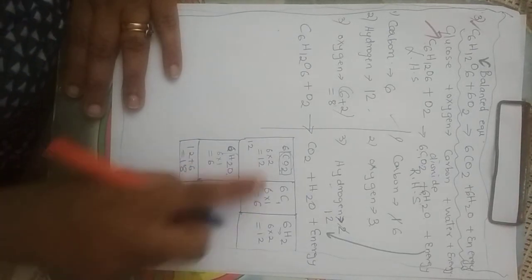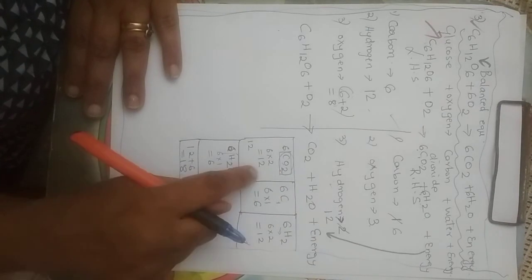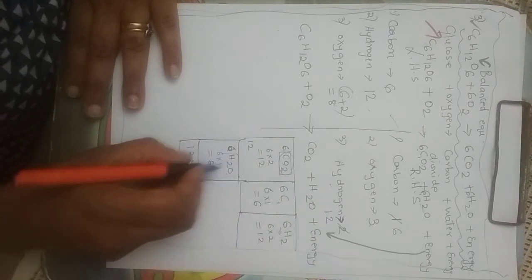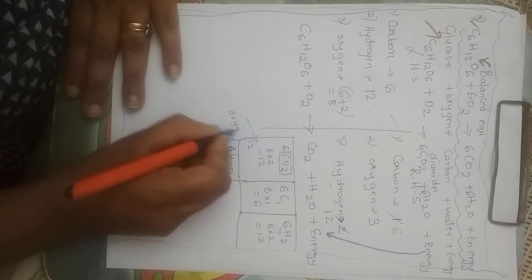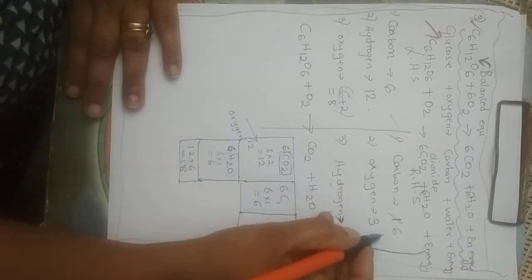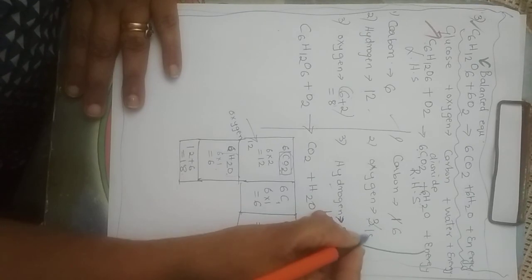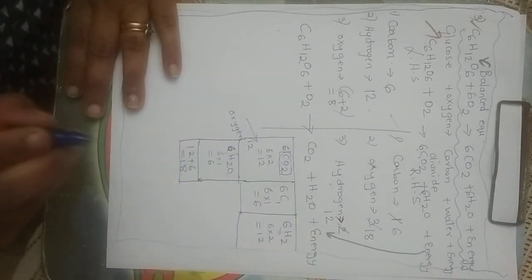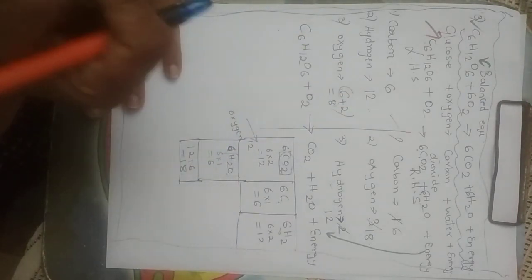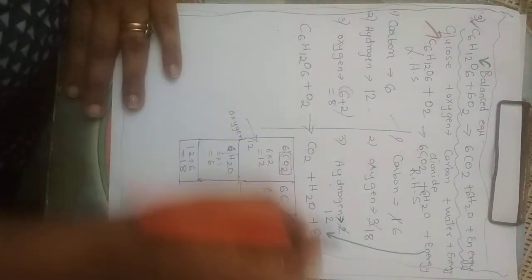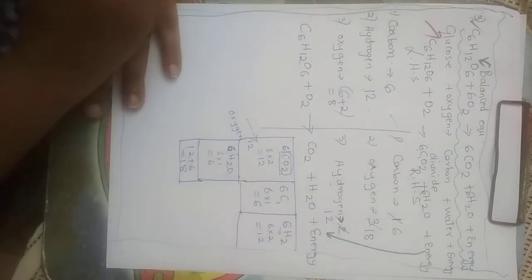Okay. So now we are counting for who? Oxygen. We are counting for oxygen. So 18. So let's cancel. Now look, in 2 minutes I'm going to do a magic. This is 18 and this is 12.